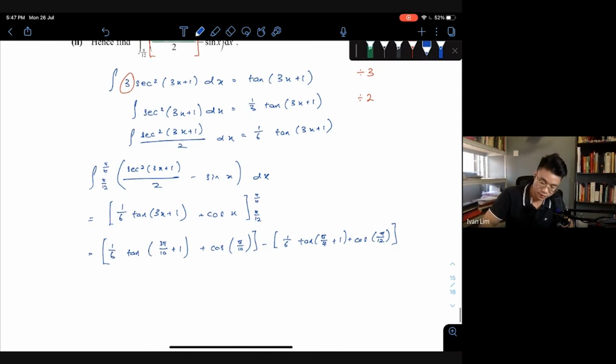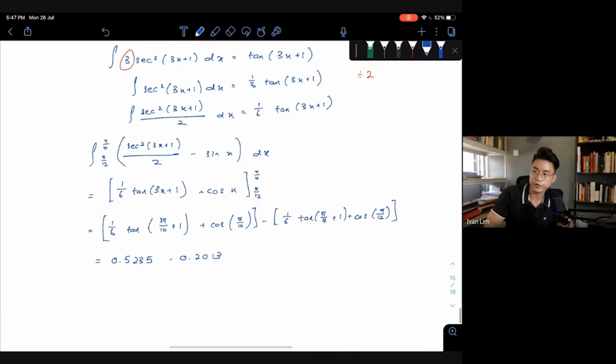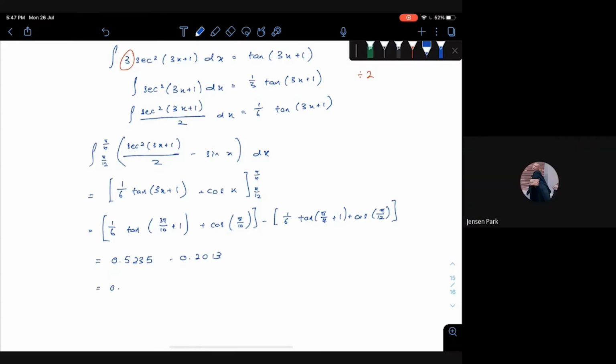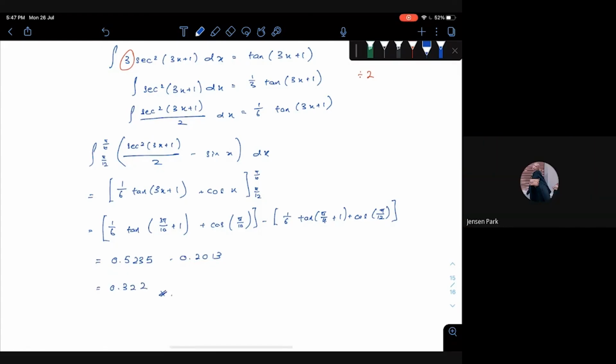Make sure this is in radian mode. When you type it in, you will get 0.5235 minus 0.2013, which is 0.322.